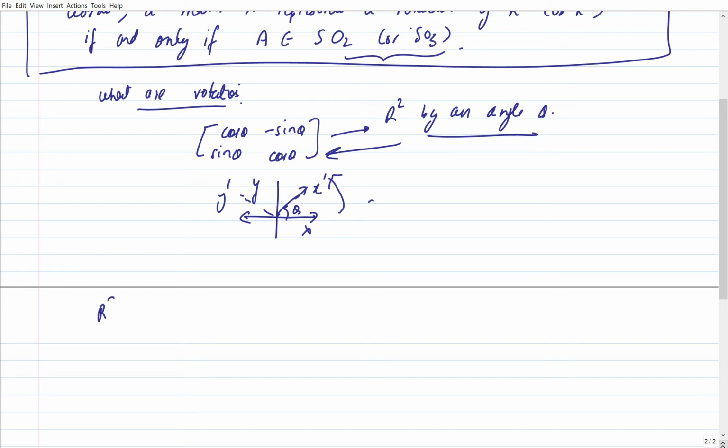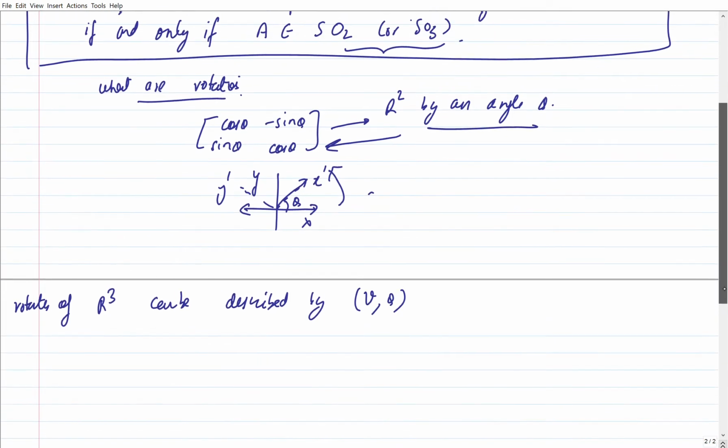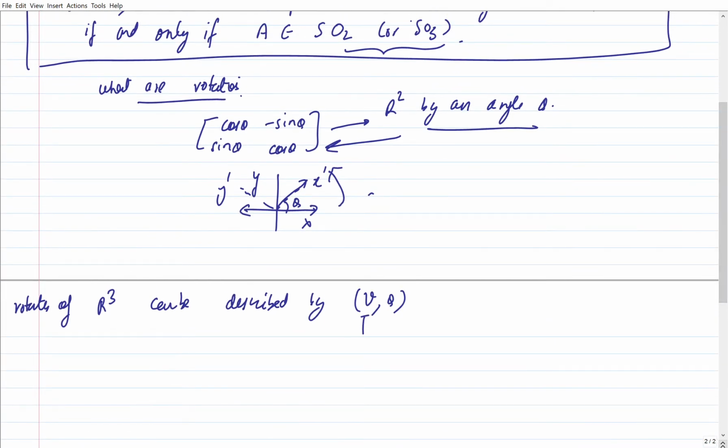Now for R3, a rotation of R3, or any three-dimensional rotation, can be described by an axis and an angle. That is essentially all there is to it. So this is a unit vector, the axis of rotation, and this is the angle.